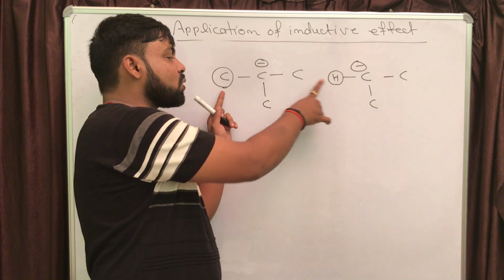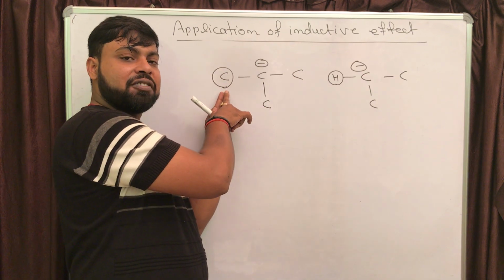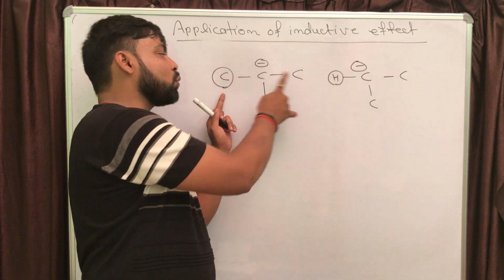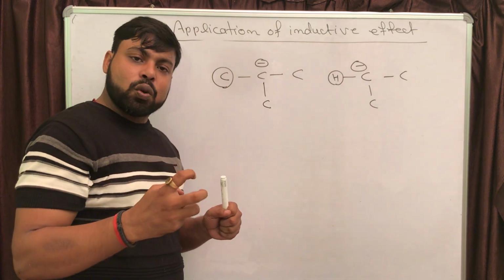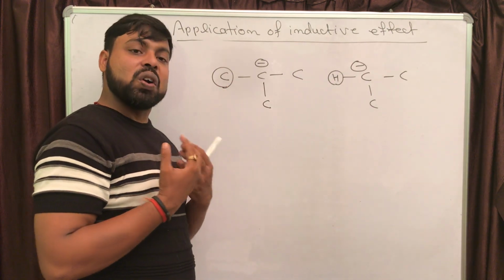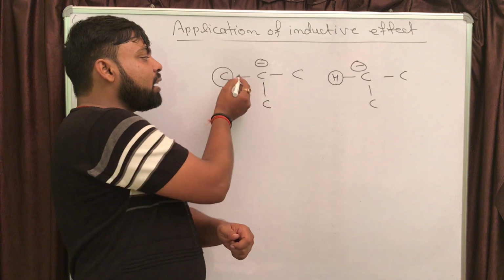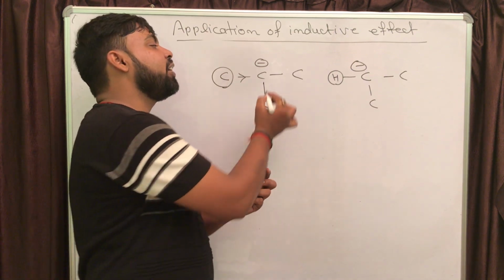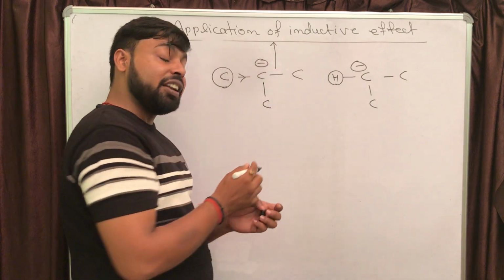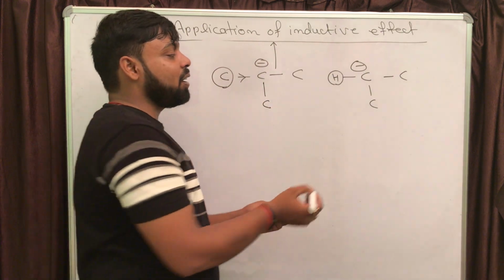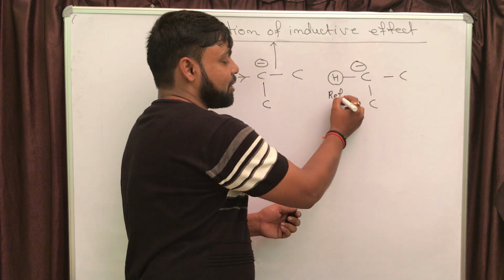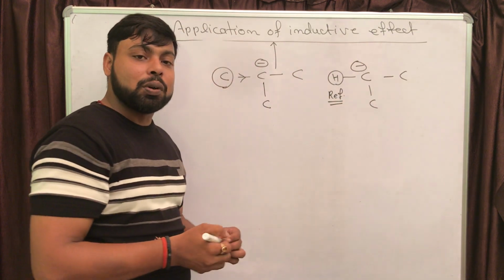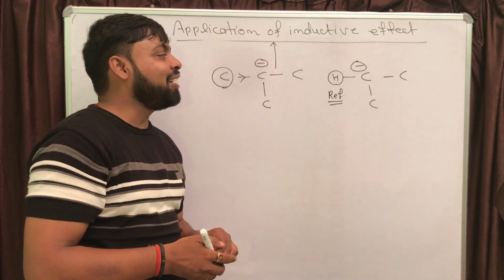With respect to hydrogen atom, we are having carbon in first case, and with respect to hydrogen atom, alkyl group is having electron donation ability. And if it is donating the electron, the negative charge will increase in first case. While hydrogen is what? Hydrogen is reference. It is neither going to pull or donate electron, right?